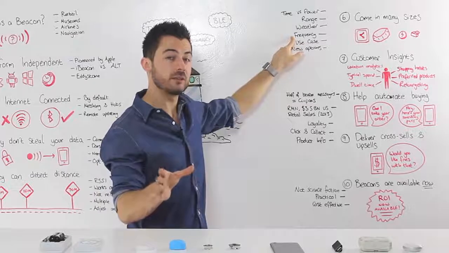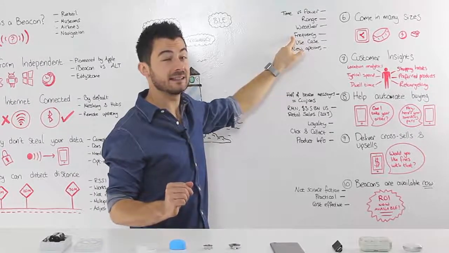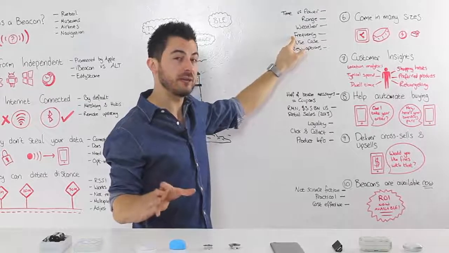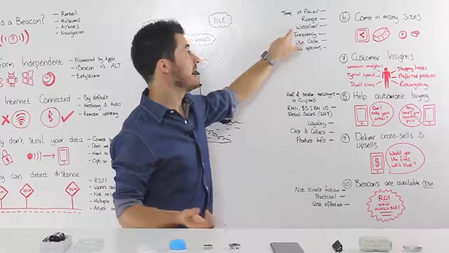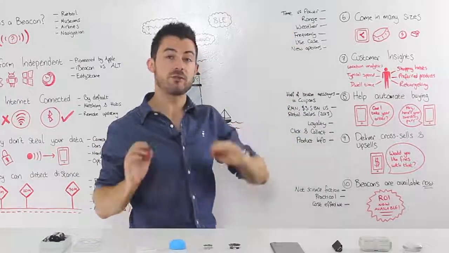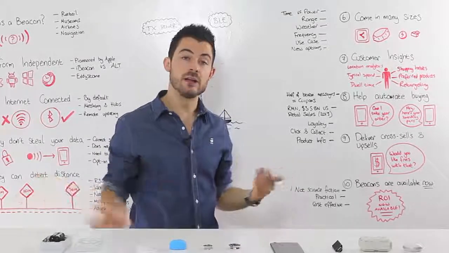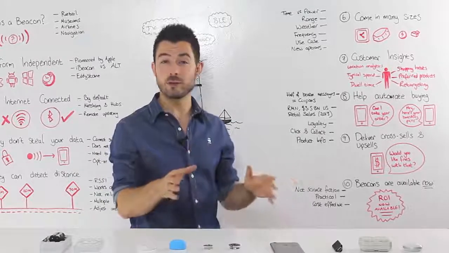Frequency is also very important to consider. Apple recommend that you send out your beacon packets 10 times a second, which is kind of excessive, especially for battery-powered beacons, because that's pretty taxing. It's a big power requirement. It's good if you need to catch people very quickly. For example, if you have a beacon outside your store and you're looking to catch passers-by, you want that beacon sending out its packet quite frequently.